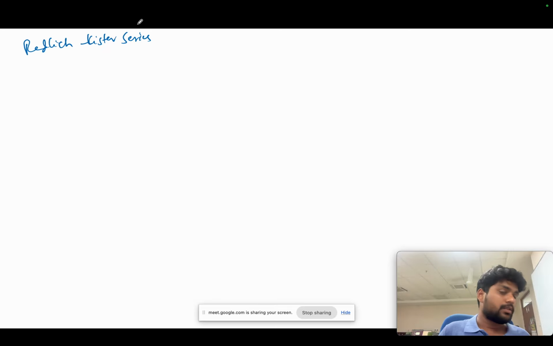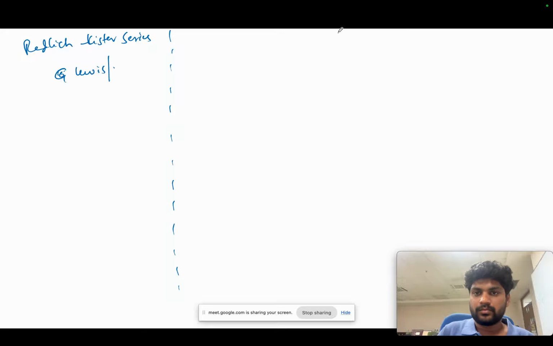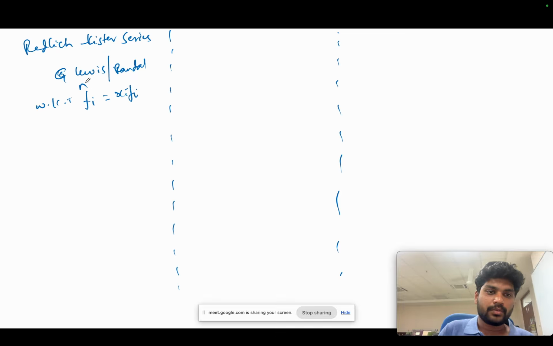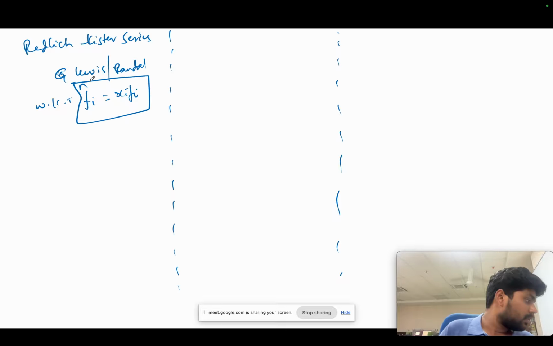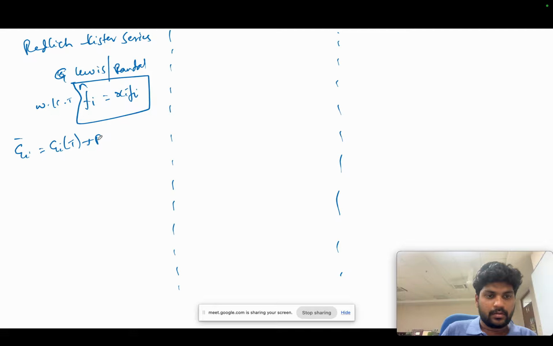Redlich-Kister series. So we know Gi equals to, just let me write it like this. From the Lewis-Randall rule, we know that the fugacity coefficient of any gas is equal to the mole fraction of this one. So just let me know if you have any doubts in the equations, okay? Fine.